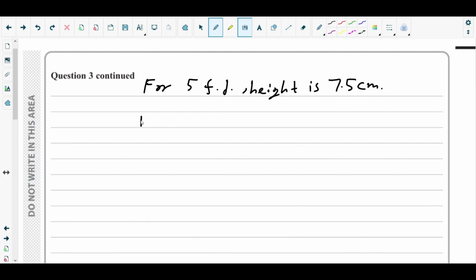Okay, so for 1 FD, what would be the height? The height is 7.5 over 5 centimeter.